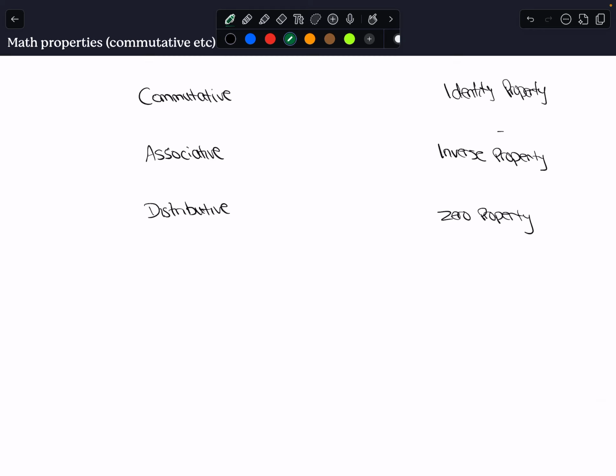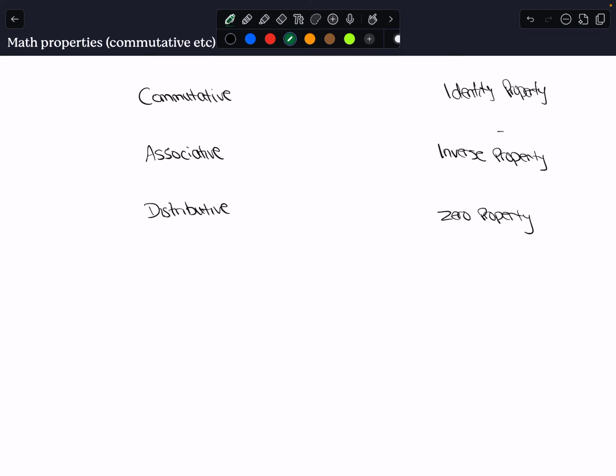Commutative properties are properties that we focus on when it's both addition and multiplication. All these properties are perfect for addition and multiplication. They do not work for division, and I will show you exactly why. So for the commutative property, to start off, it is a simple multiplication or addition.